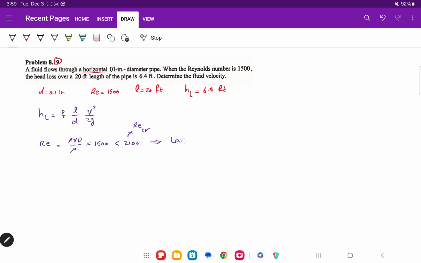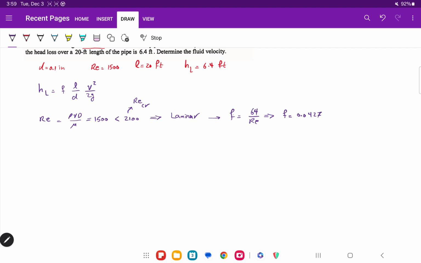So the flow is laminar, so F equals 64 over Reynolds number, so F equals 0.0427. So by having the Reynolds number, we can find F.